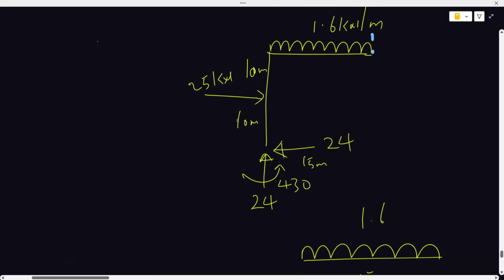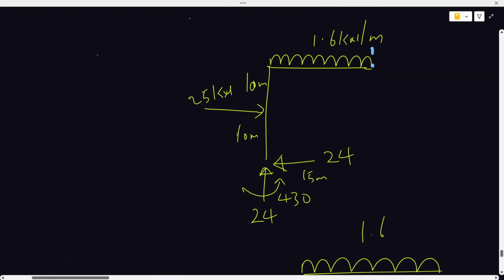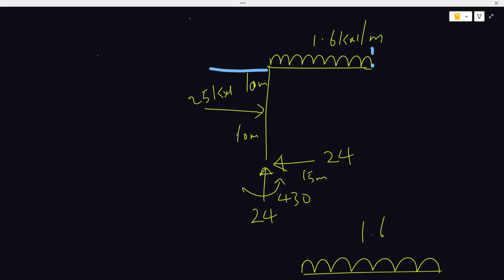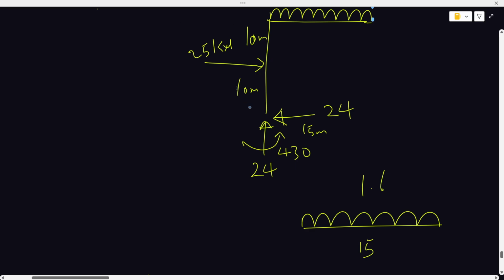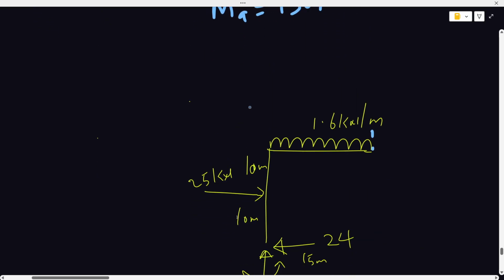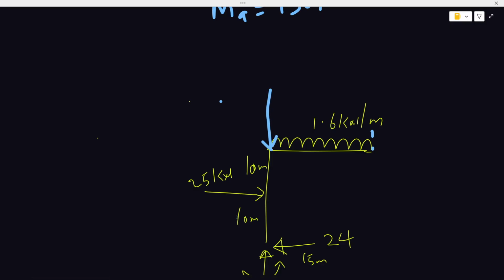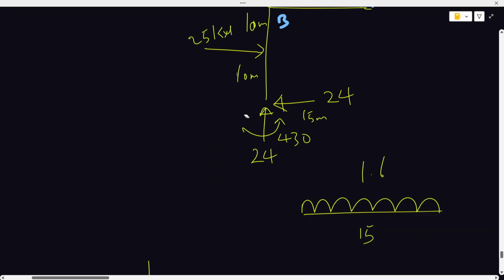So when you see in your question that no force is applied on the joints like this, or maybe in this way, when you see that there's no force applied on the joints, maybe we're talking about joint B now, but there's no force, I'm erasing the force now, then you can just go on the way I'm proceeding.